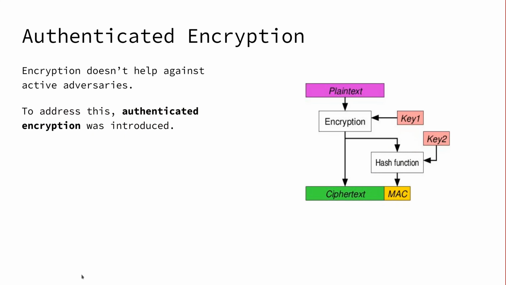So, authenticated encryption essentially combines MACs, message authentication codes, with encryption. Encryption you can imagine as something like AES CBC, and message authentication codes you can imagine as something like an HMAC, for example.